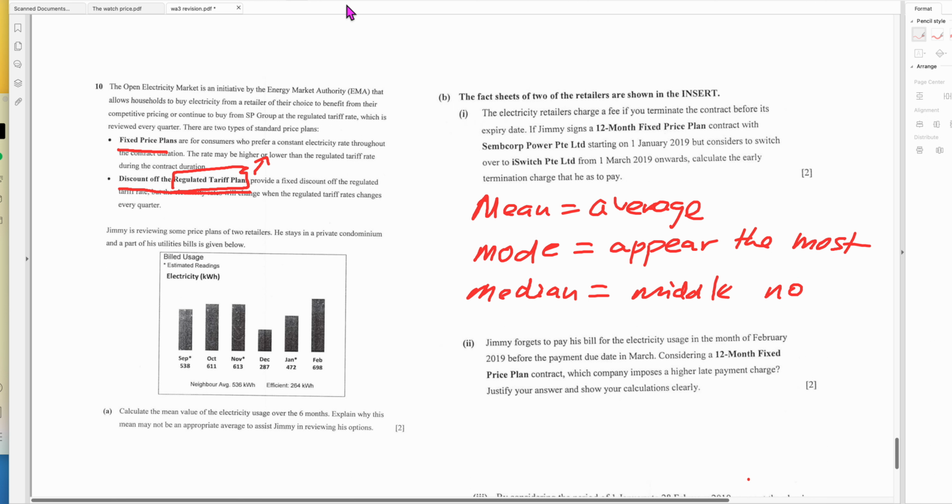So can you find out the mean for this one? How do you find the mean? You add them together and then divide by 6. Correct, yeah?